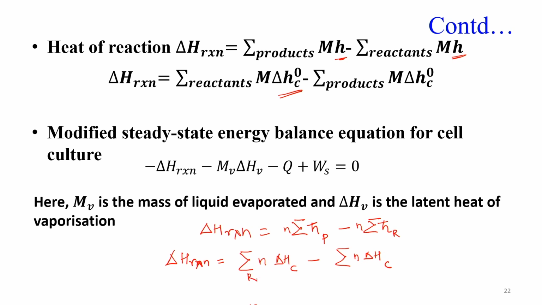So this is for the reactants and this is for the products. If the heat of combustion is known, we should be able to calculate the heat of reaction using the concept of heat of combustion.